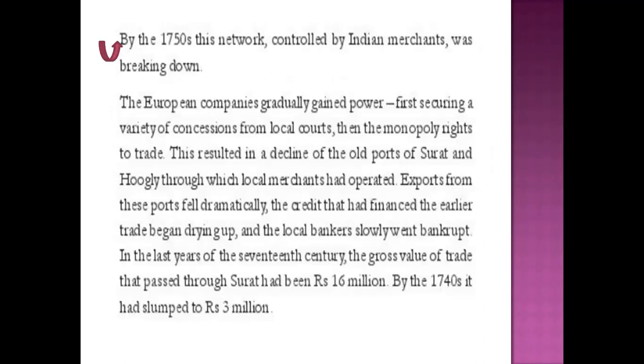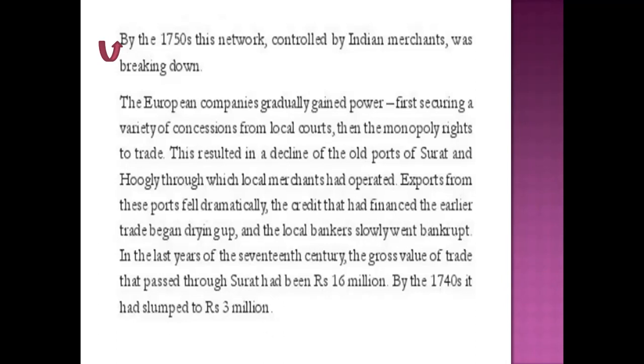By the 1750s, the network controlled by the Indian merchants broke down, and this power gradually came into the hands of the European countries. They slowly gained power and started taking all these merchant activities into their hands. How did they do this?